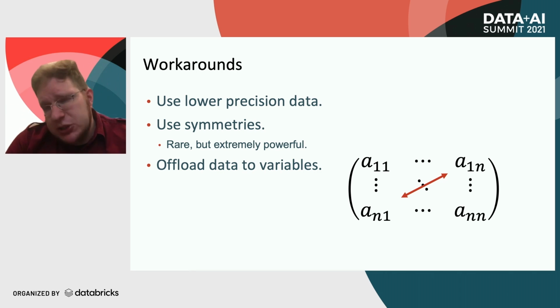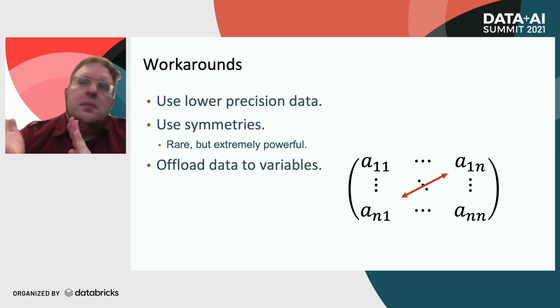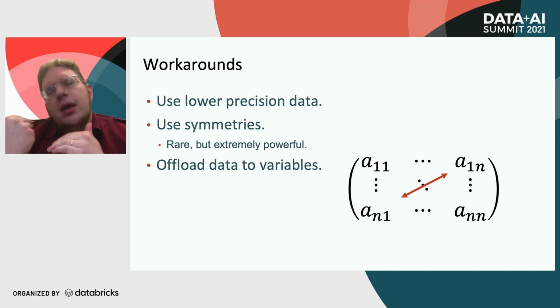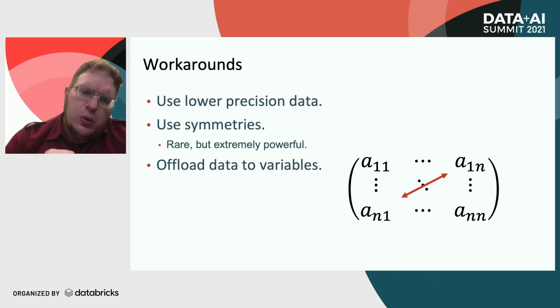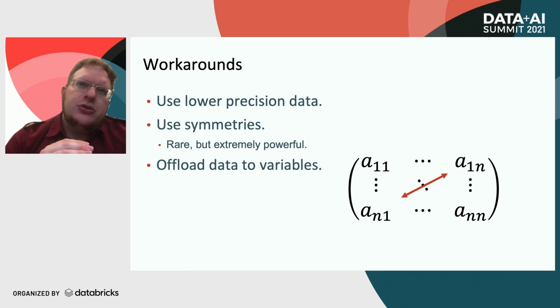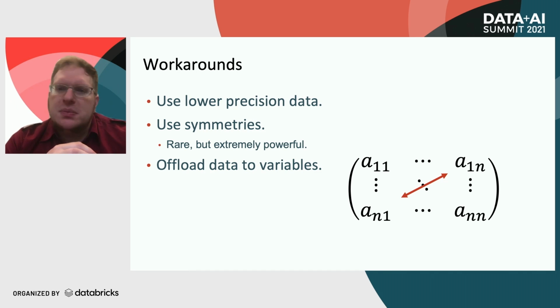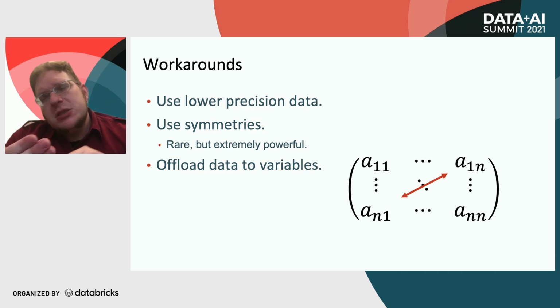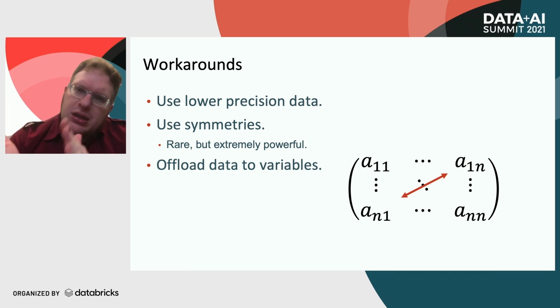If you have any symmetries in your data, which is not common, but sometimes comes across, you can give part of the data and infer the rest of the data from the symmetry. Case in point, we were working on a factor analysis problem, which involves creating a matrix of all the pairwise distances between items. Now, the distance between product A and product B in an embedding is the same as the distance between product B and product A in the embedding.